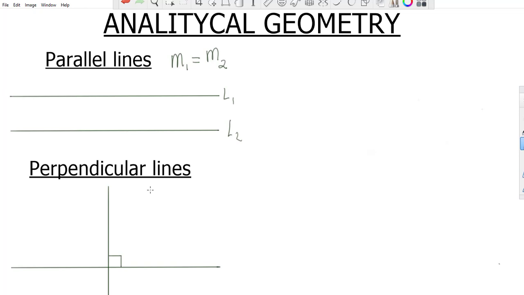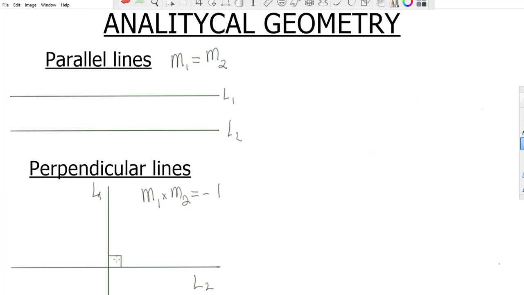Then we have two lines that are perpendicular. When the two lines are perpendicular means what? This is line 1, and this is line 2. So when you take the gradient of line 1, you multiply by the gradient of line 2, the answer should be -1.